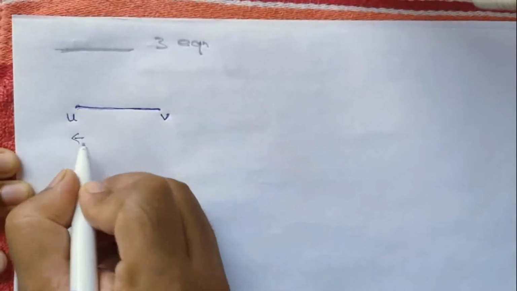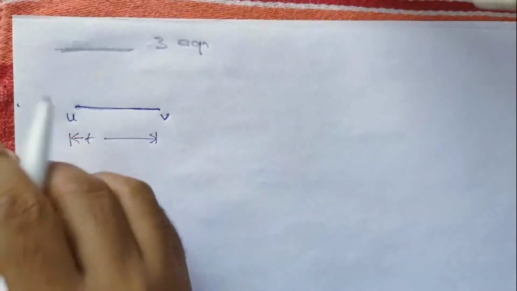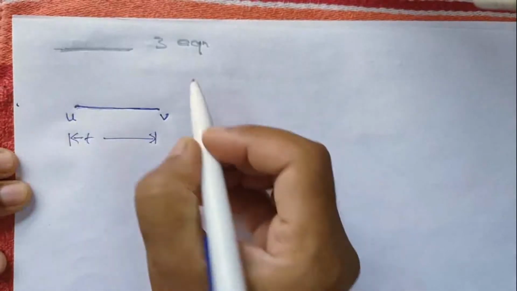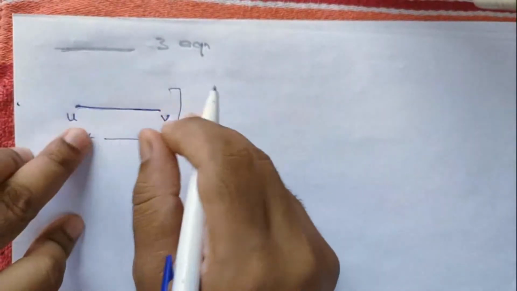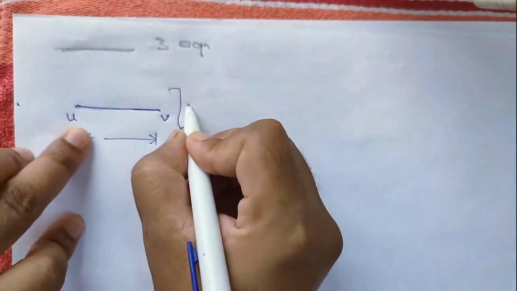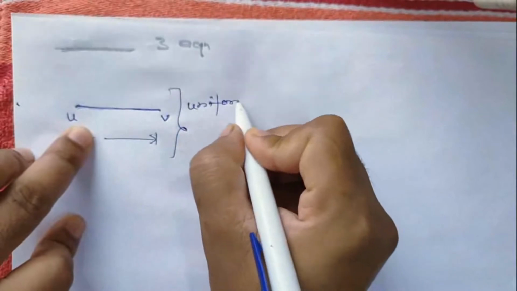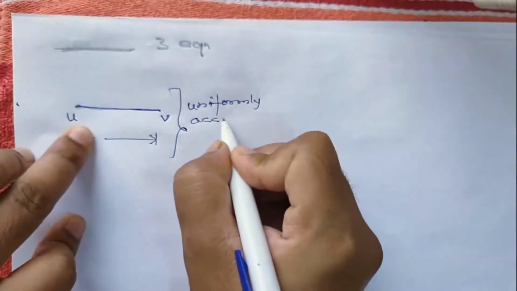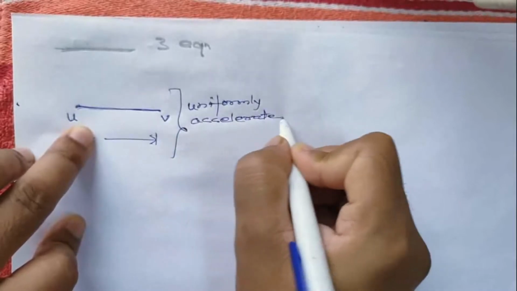The total time spent is t. Just pay attention here. And it is uniformly accelerated. This is a uniformly accelerated body.